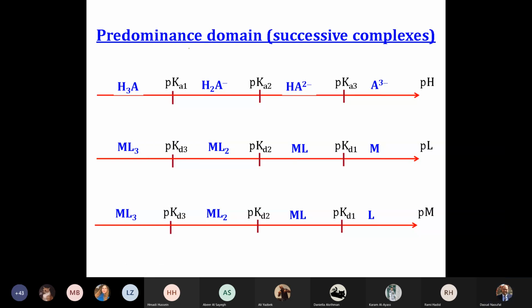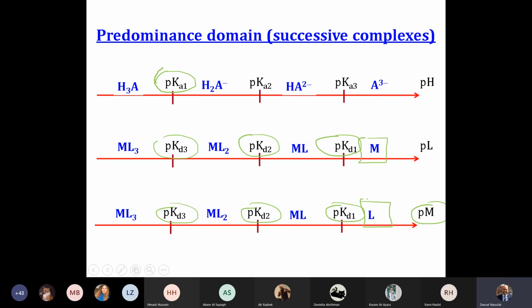Look, pKd1, pKa1. So here we have pKd3, pKd2, pKd1 on the scale of Pl. On the scale of Pm, we have pKd3, pKd2, pKd1, but pay attention, on the scale of Pl, you have M, on the scale of Pm, you have L.